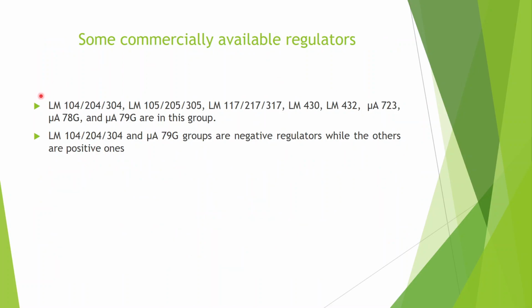These are some of the commercially available adjustable regulators. This is not an exhaustive list, but just an indicative one. And out of this list, the names given here are of negative regulators, rest are of positive regulators.